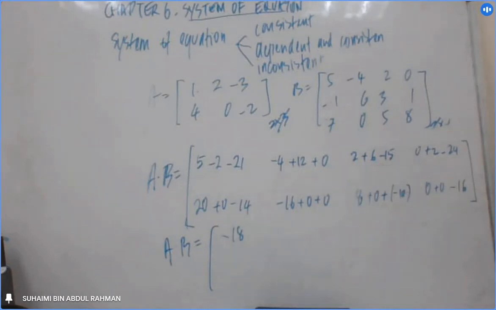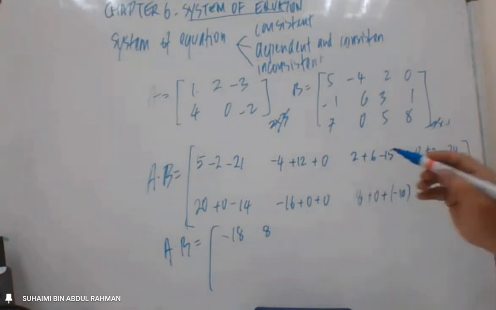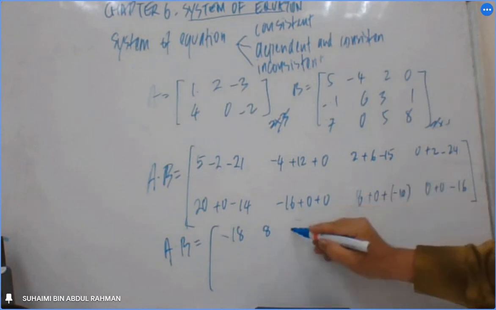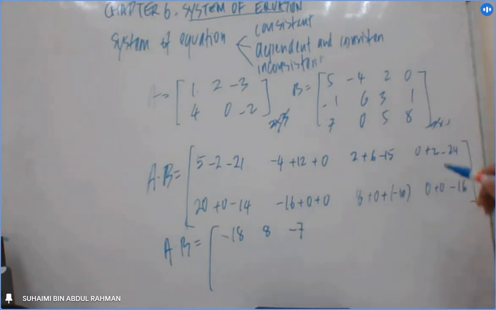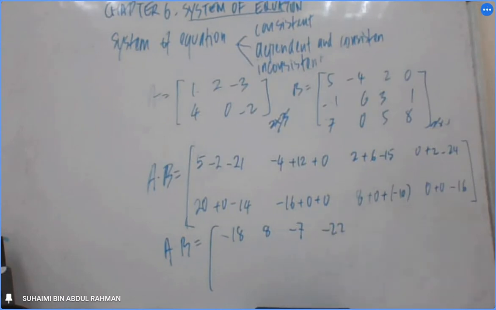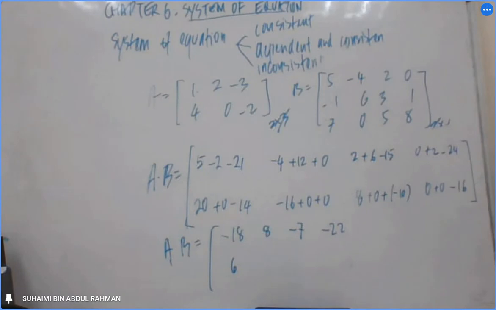Minus 4 plus 12, 8. 2 plus 6 minus 15, minus 7. 0 plus 2 minus 24, minus 22. 20 minus 14, 6.